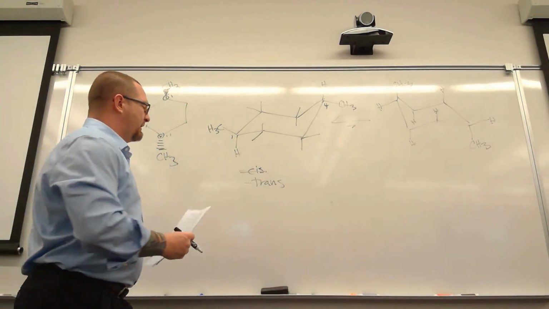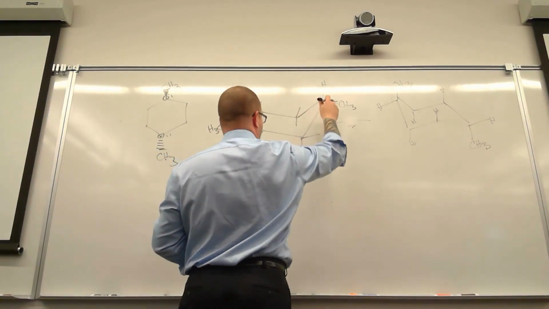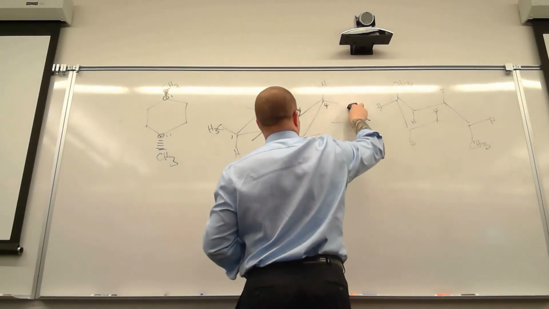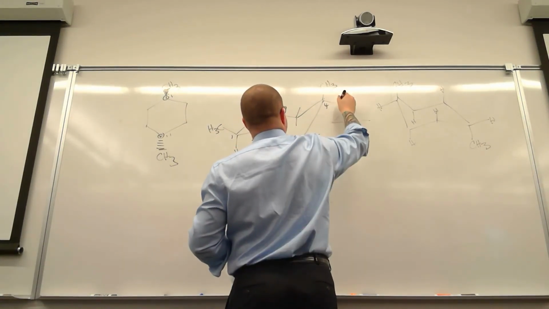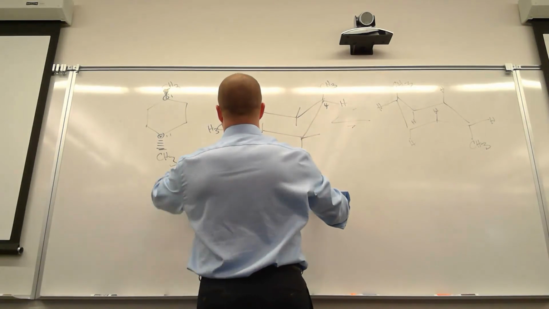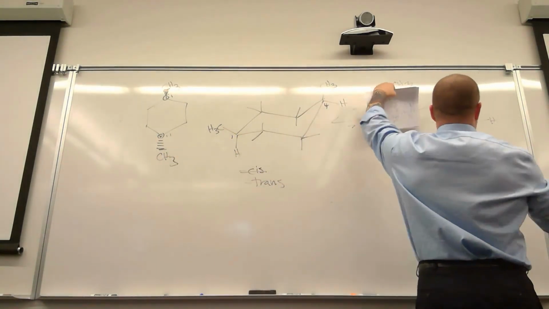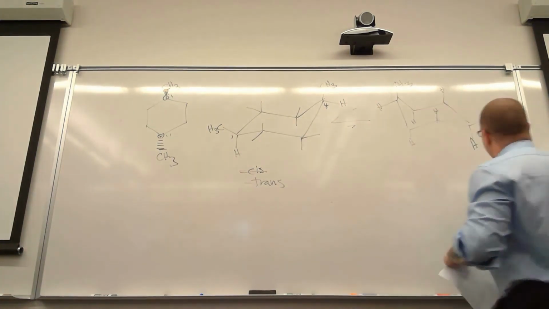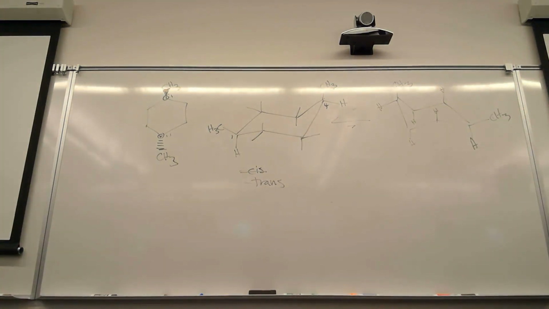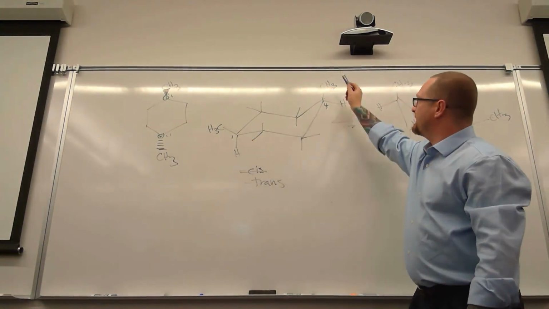Now, if I had drawn this with one on the equator and one on the axial, let's take a look at that scenario. When I do the ring flip, this stays on top and this stays on top. We have one equatorial and one axial.